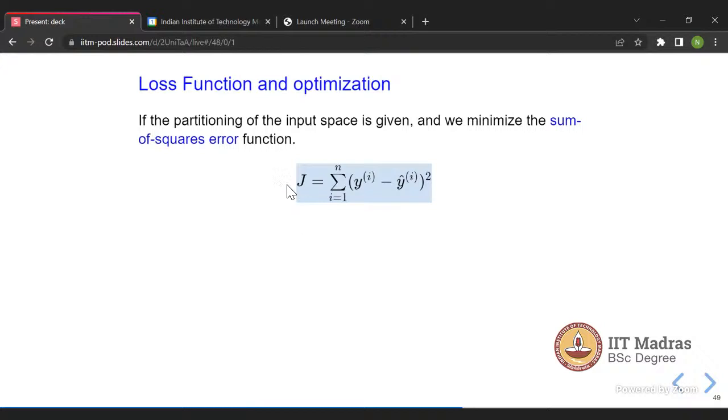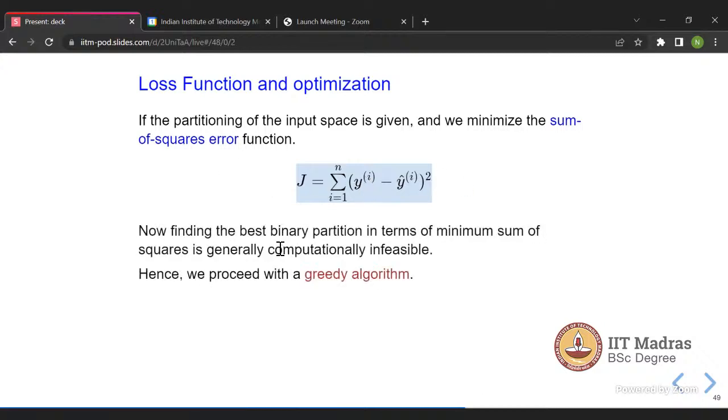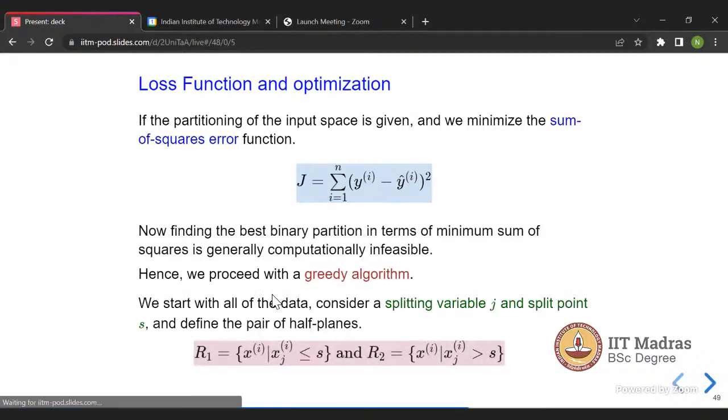For finding those, we use a loss function. Once we have split our data set, for the actual labels and the predicted labels, we will find the sum of squared error. Let's say we are using some jth feature to split our data set.